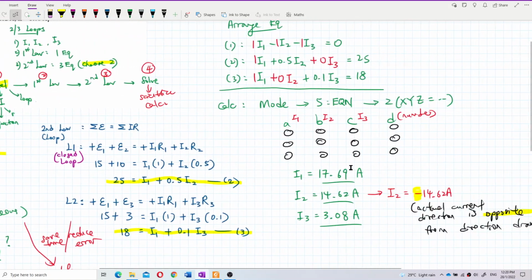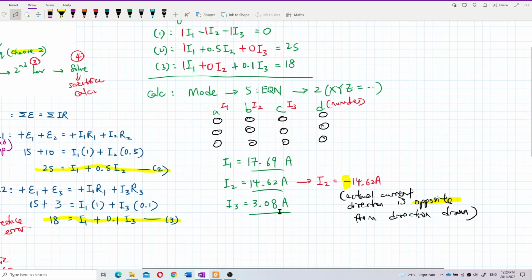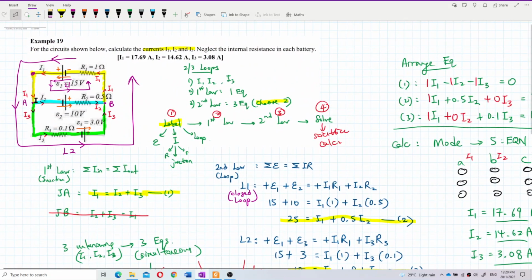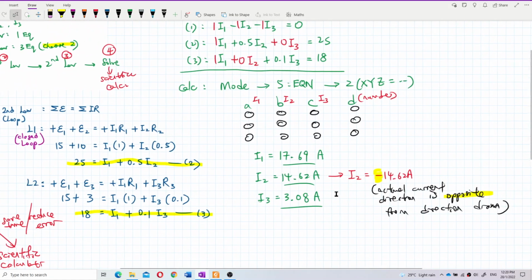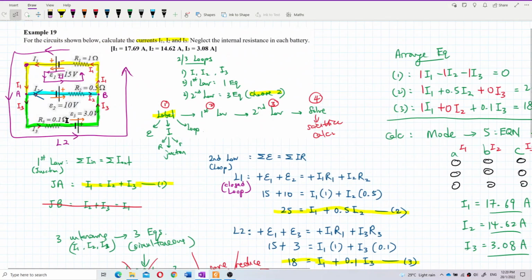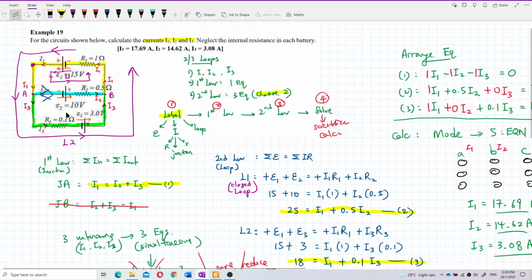So never mind if you draw the direction wrongly. Let's say like just now, you draw the direction of I2 to the left, and then you get a negative answer, which means the actual direction is to the right. Don't change your drawing.